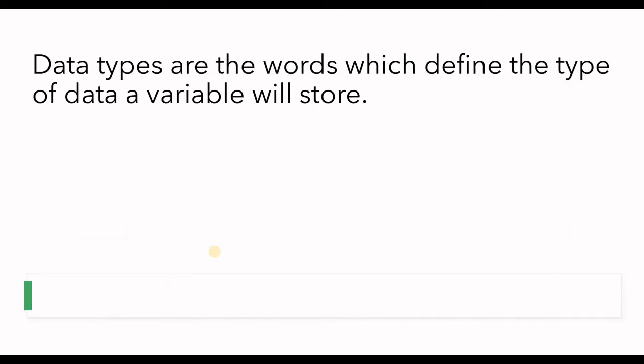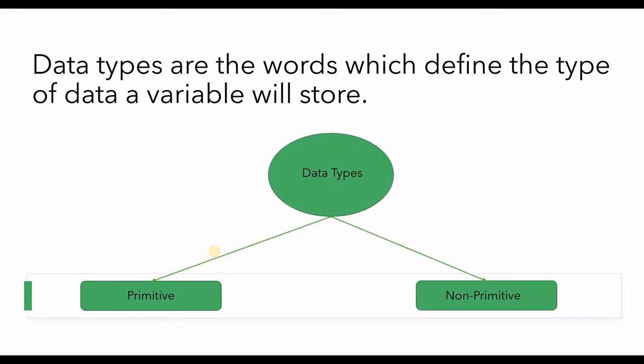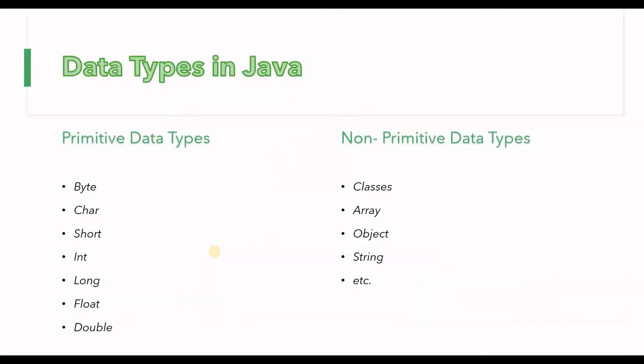So moving on, we can say that data types are the words which define the type of data that a variable will store. Now, the data types are classified into two: primitive and non-primitive data type. So here you can see that byte, char, short, int, long, float and double, these are all the primitive data types.